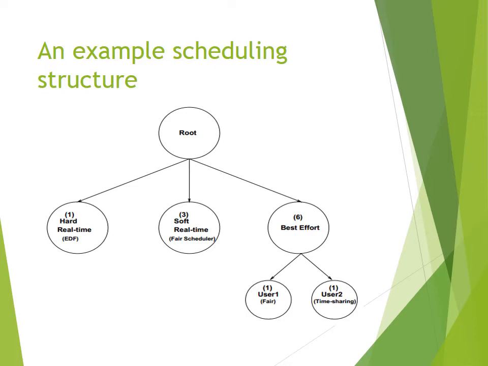Furthermore, the soft real-time and the user 1 leaf nodes employ a scheduler that fairly distributes the CPU allocation among its threads, while the hard real-time and user 2 nodes have EDF and time-sharing schedulers respectively.